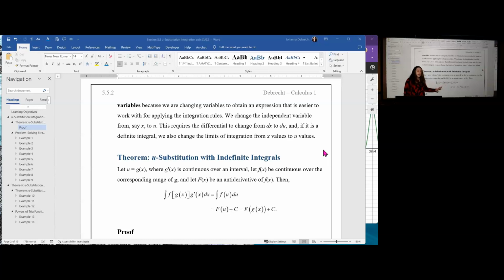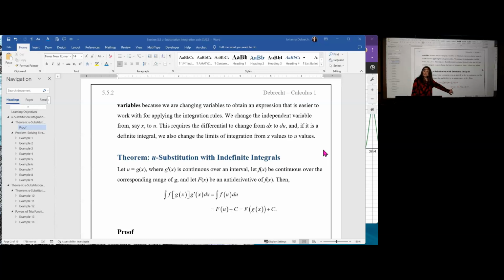If this is the case, then I can substitute u in place of g of x, and I can substitute du in place of g prime of x dx. This gives me the outside function lowercase f at u integrated with respect to the variable u.